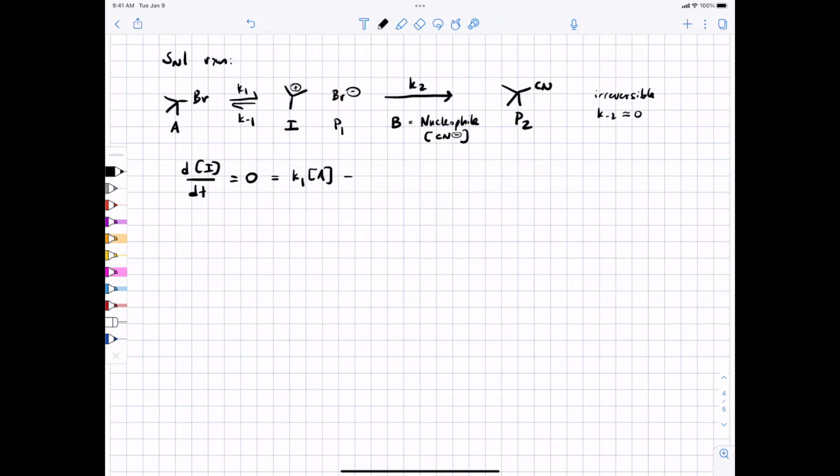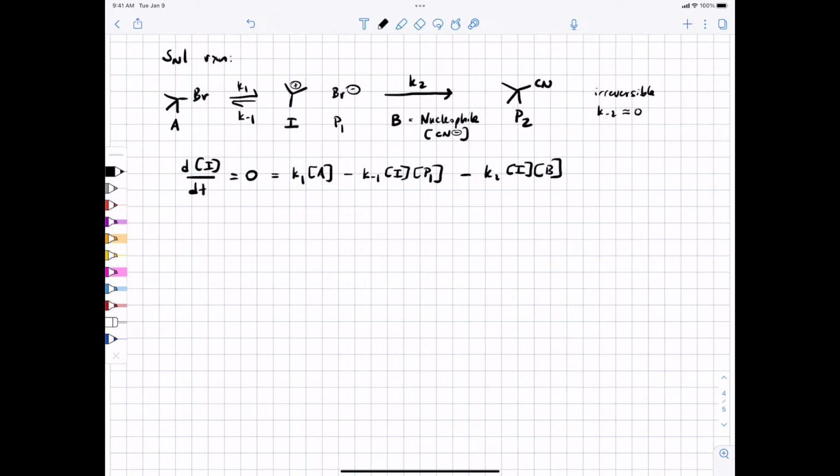It can recombine with product 1, which is the bromide, to go backwards, or the concentration of I can decrease as I combines with B to give me product.